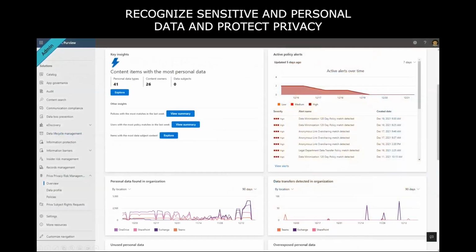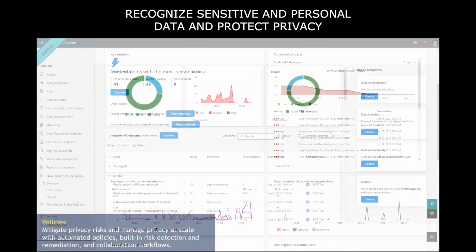So here's a little bit of an example of what we see in the industry. Personal data found in your organization, again by location, you can identify this. And then data transfer detected in your organization, right? So how many data transfers have PII in them and were detected.